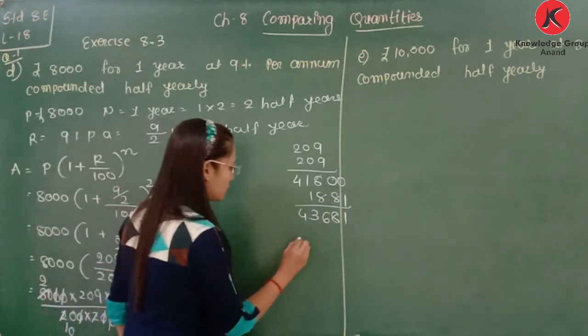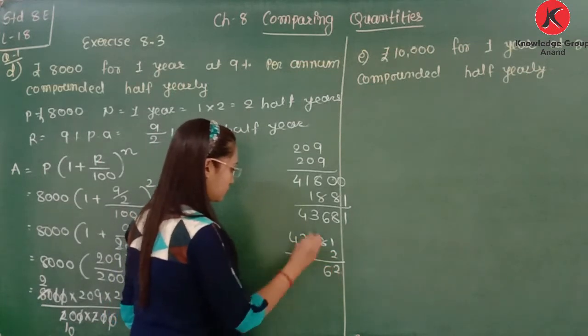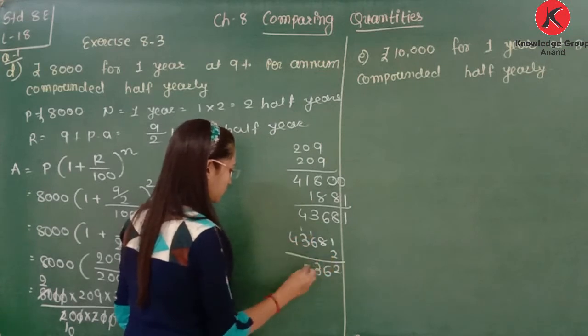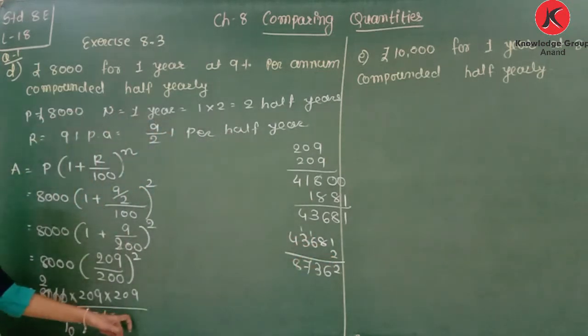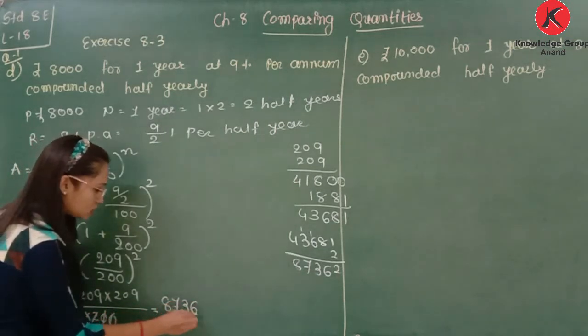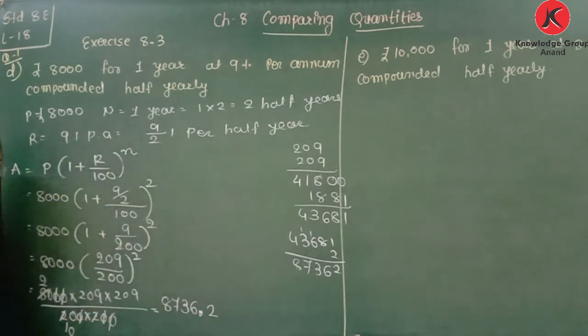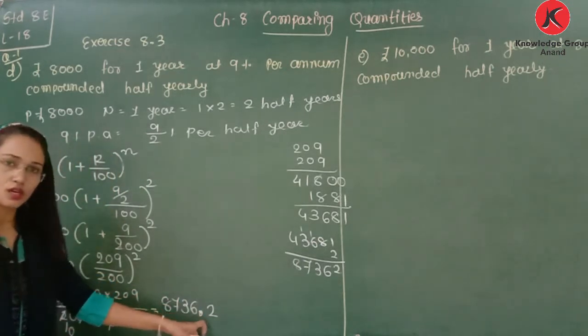Multiplying by 2, we get 4, 3, 6, 8, 1. So it is 8, 7, 3, 6, 2. Divide by 10, it means 8, 7, 3, 6 point. Since it is divided by 10, 1 decimal place must be there. So it is 8,736.2.